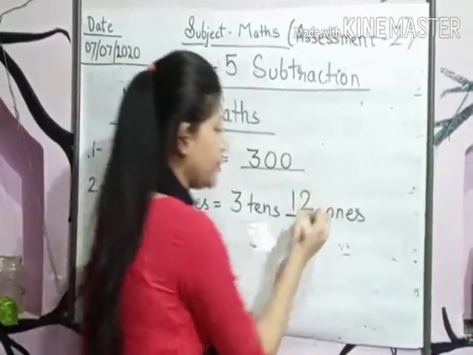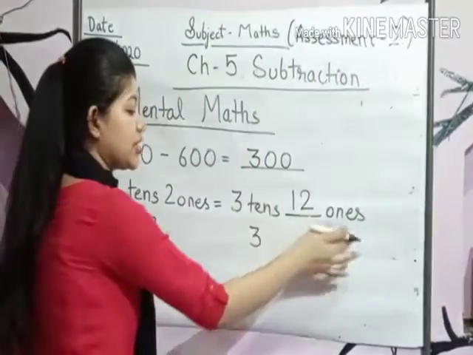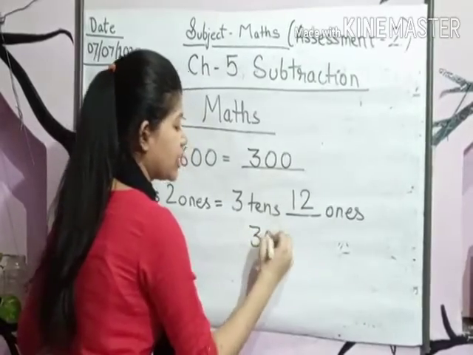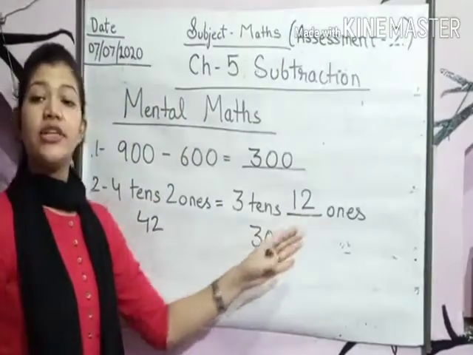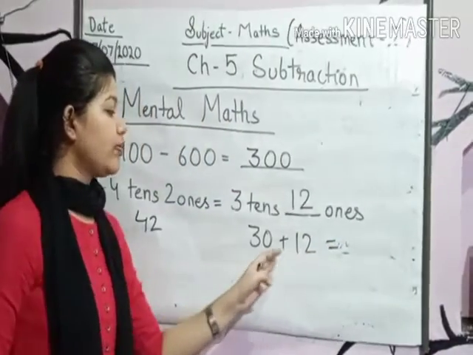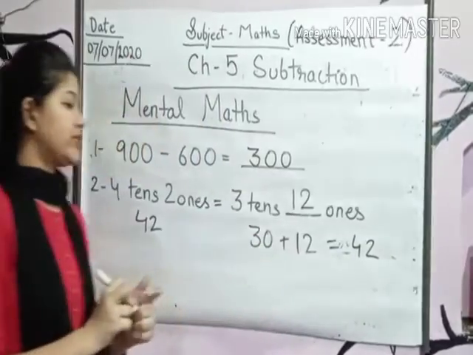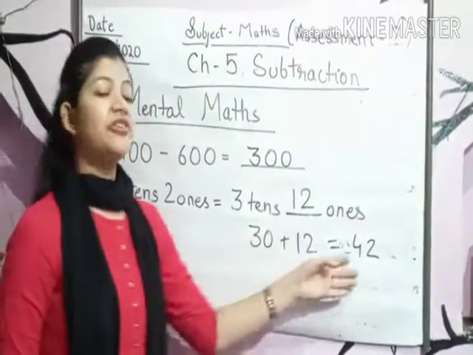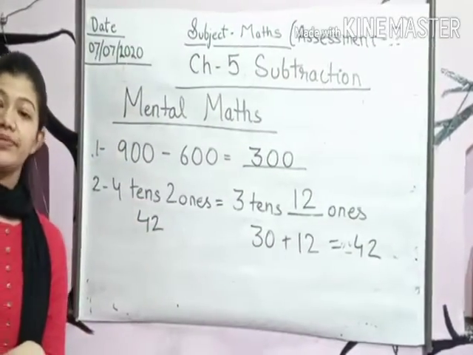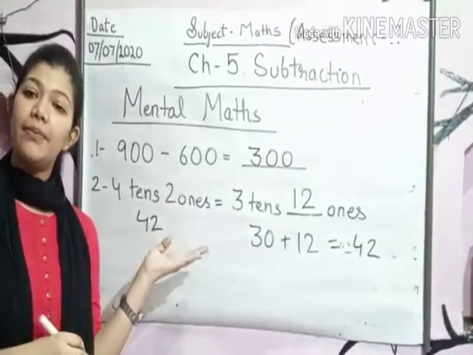So we can write it as 30 plus 12 ones. 12 ones means 12. Let's add: 2 plus 0 is 2, 3 plus 1 is 4. Now see, 42 is equal to 42. Clear? This is what regrouping numbers means.